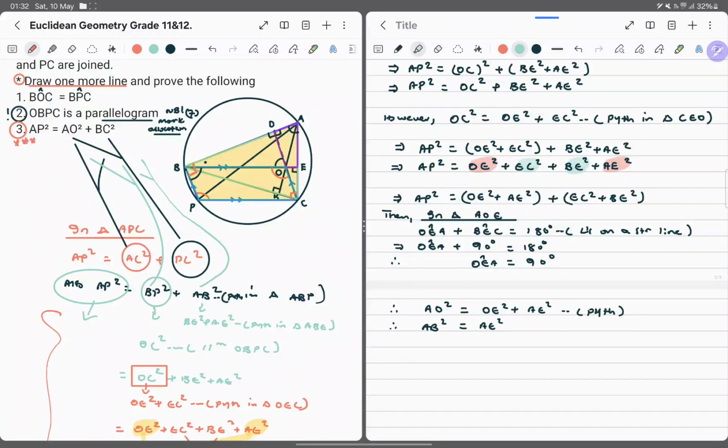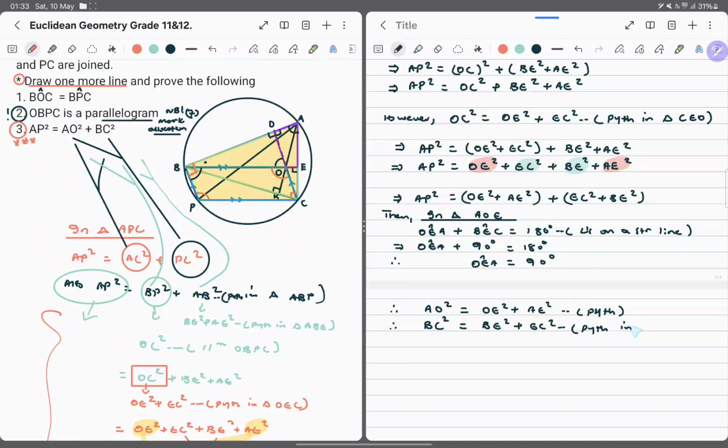I don't need AB. No. I don't need AB. I need BC. BC squared is equal to BE squared plus EC squared, right?